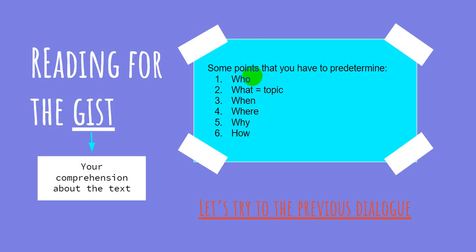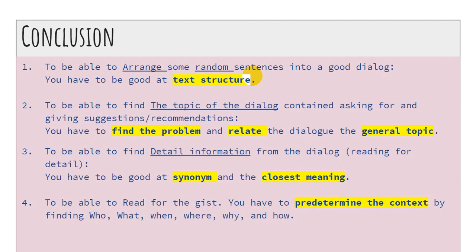In here we already tried to answer the questions, so I will go on. Okay, so for the conclusion, to be able to arrange some random sentences into a good dialogue, you have to be good at text structure.